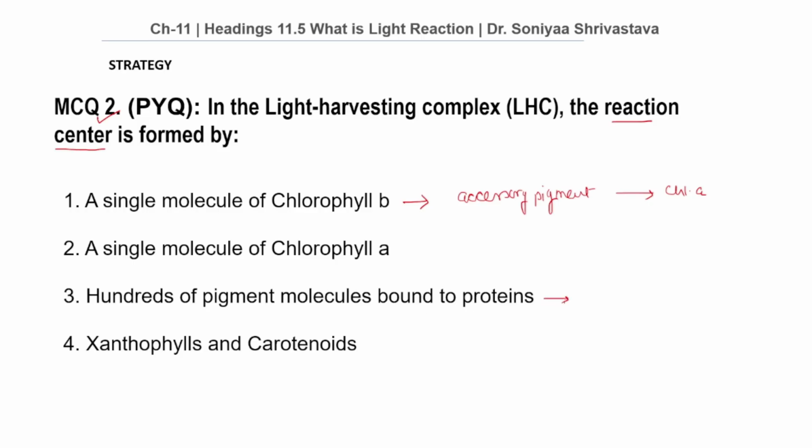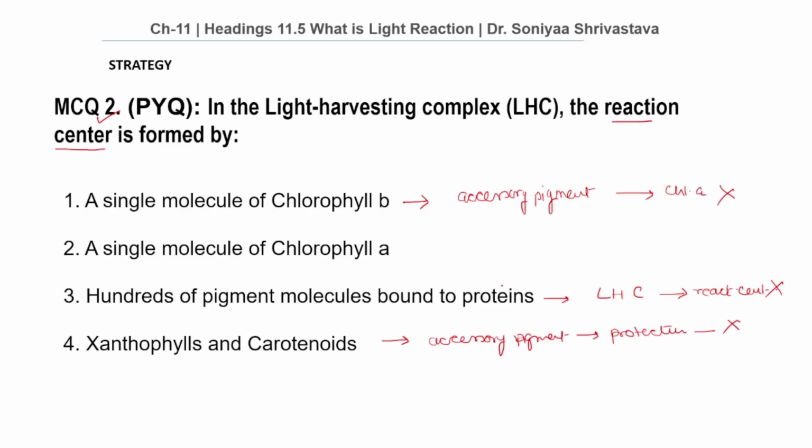No. These pigments form the antenna or light harvesting complex. They absorb the energy and pass it on to the reaction center. Xanthophyll and carotenoids. This is also not our option because these are accessory pigments. They absorb the light and give protection against excess light. So these three options are wrong.